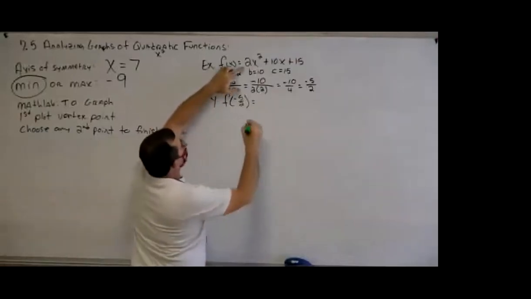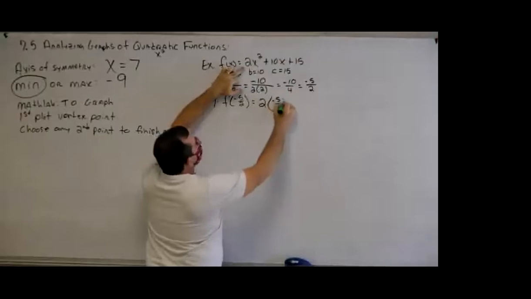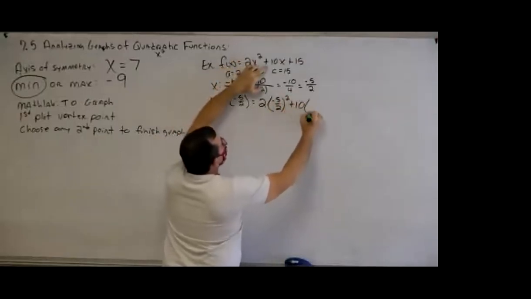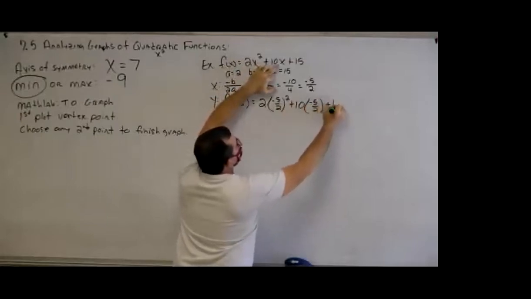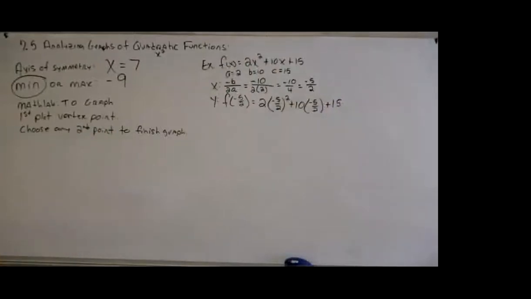So your function is 2 times negative 5 halves squared plus 10 times the negative 5 halves plus 15. Now I'm going to lie, you put that on a calculator and it'll spit out these answers quick. Doesn't matter, I'll do this by hand though.